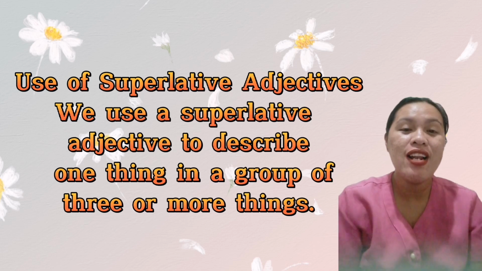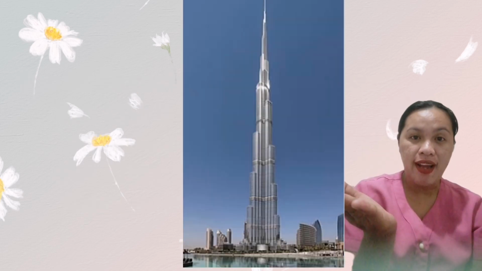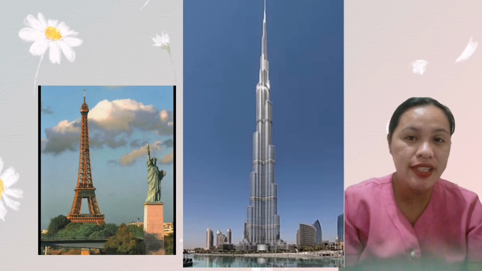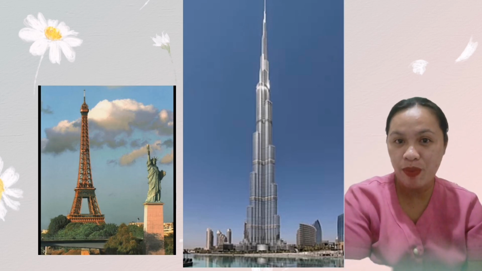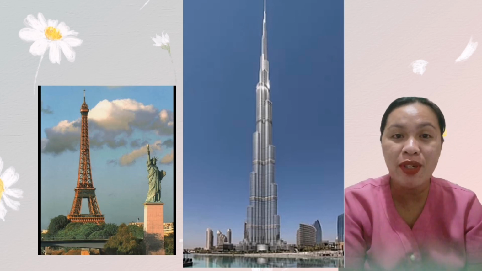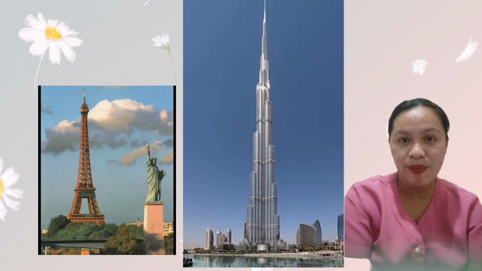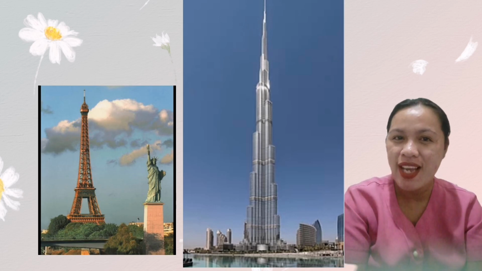Okay, so look at these examples. Burj Khalifa is the tallest of all the skyscrapers. Alright, so we are comparing Burj Khalifa to a lot of skyscrapers. Okay, so we use the tallest.